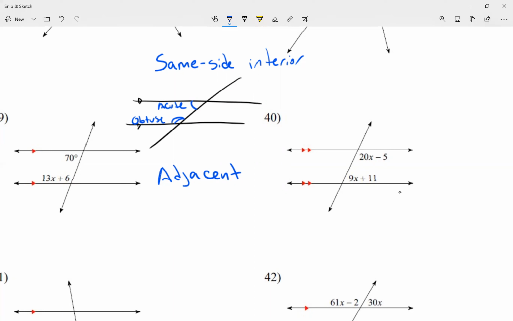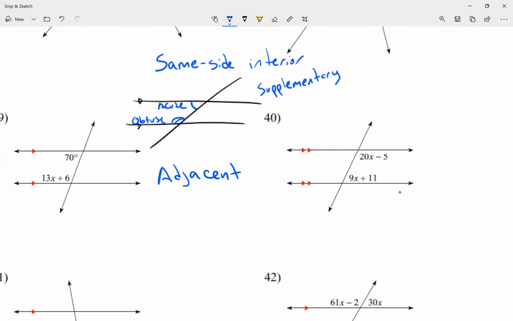Now, for same side interior, these two angles are going to be, let me see, complementary. Supplementary. We call this supplementary. I used the word with you guys before, supplementary. That means they add up. I'm going to add the two angles and it equals 180.